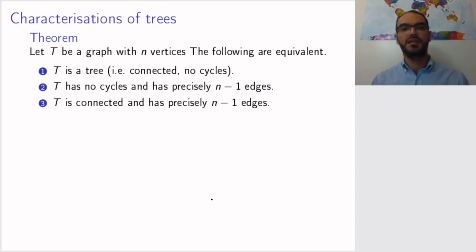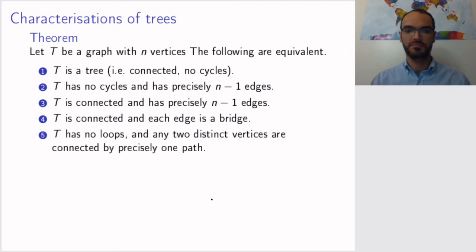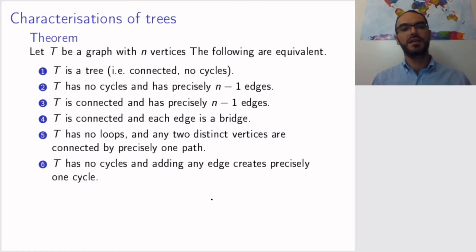Another statement: T is connected and has precisely n-1 edges. Further on, T is connected and each edge is a bridge, meaning that removing it will disconnect the graph. We're not assuming that it's a tree, except in number 1. Number 5: T has no loops, and any two distinct vertices are connected by precisely one path. And finally, T has no cycles, and adding any edge creates precisely one cycle.